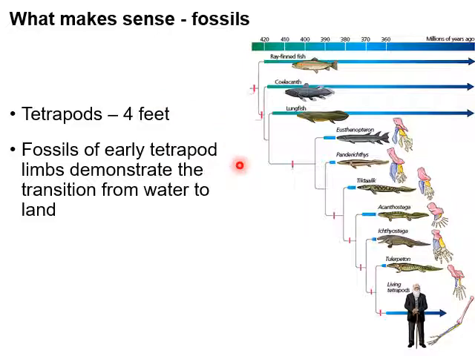In fact, this is one of the most well-documented of the major transitions that have occurred on the planet. If you look at existing fishes like this trout or this coelacanth or this lungfish, they do not have limbs like we do.